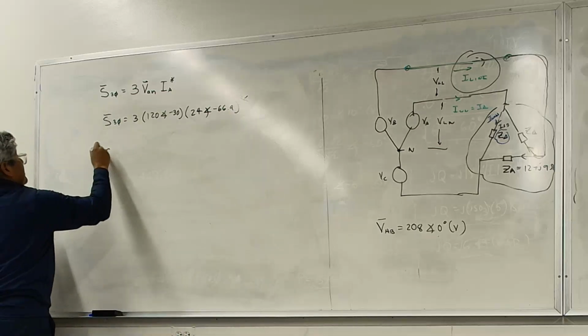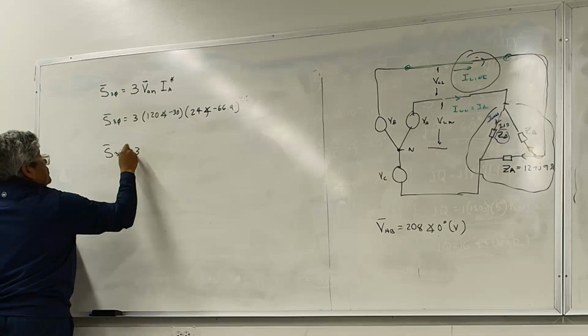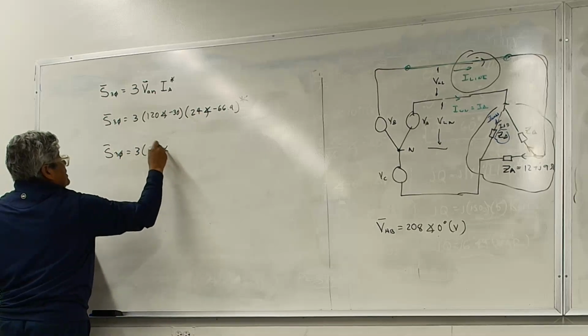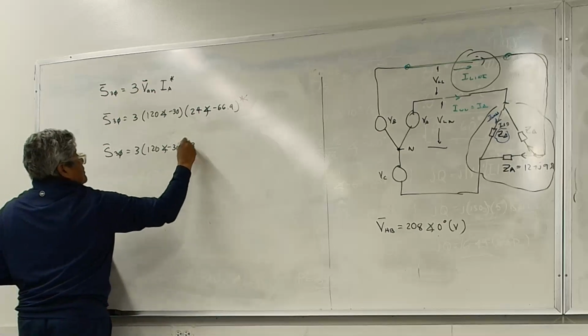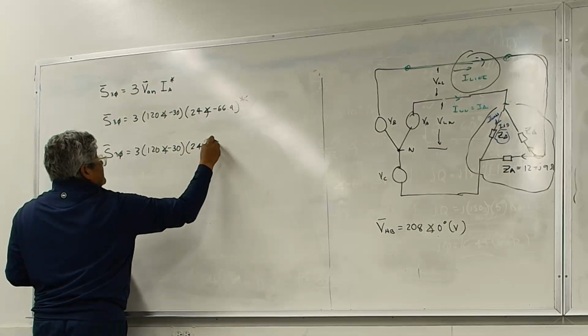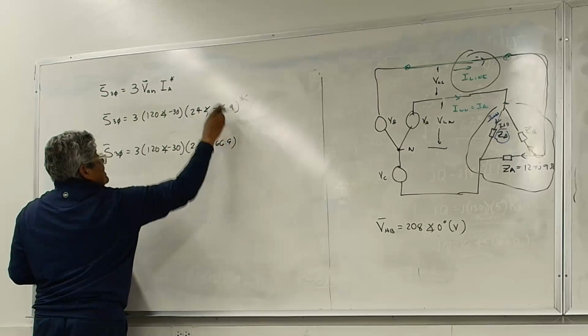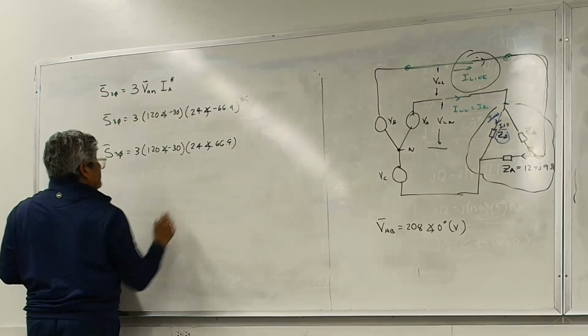If I rewrite it, S3 phase is equal to 3 times 120 angle of minus 30. What is the conjugate of that? 24 angle of, anybody? 66.9, right? Because I have it here, the conjugate is just the positive angle.